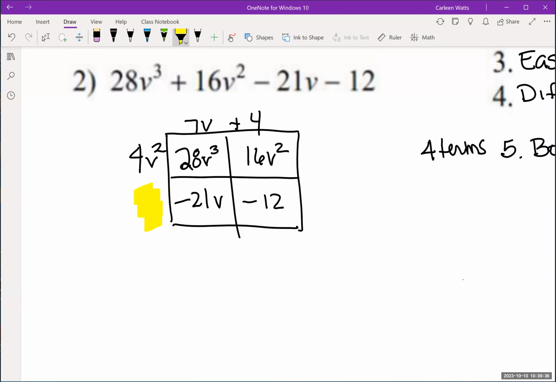But negative 3, right? And negative 3 times 4 is negative 12. So the answer is 4v squared minus 3, 7v plus 4. So sometimes we still end up with an exponent in the answer.